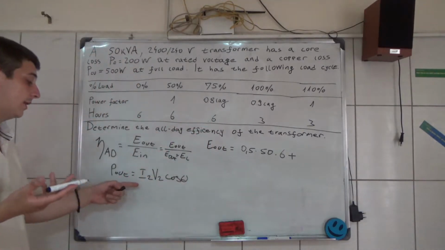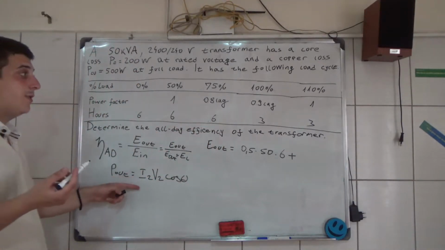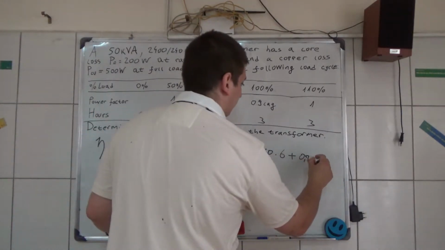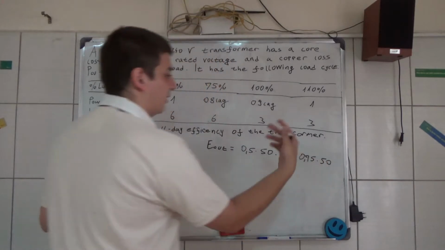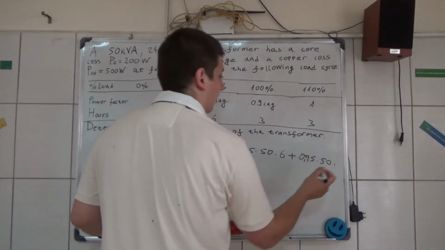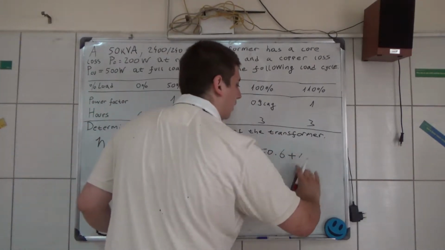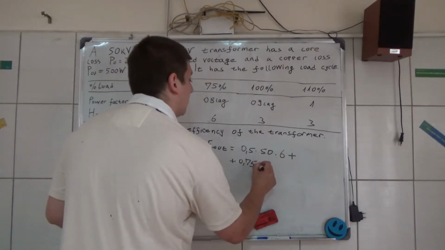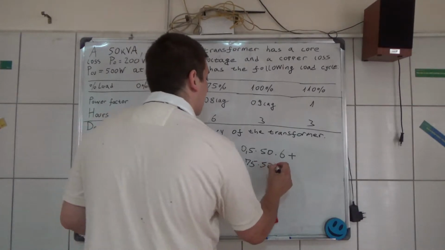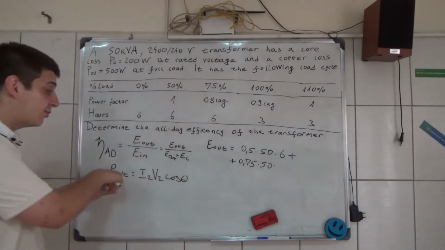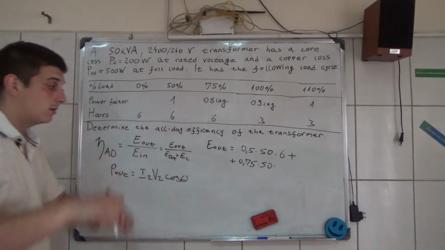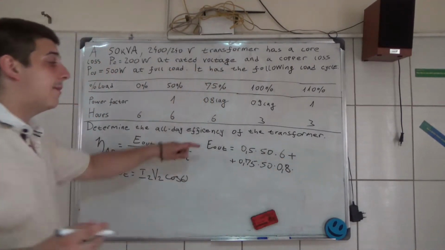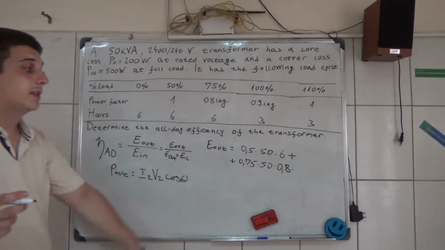But in this one, you have to multiply 0.75 times 50, that is the rated voltage, times, I'm going to write this in another row, 0.75 times 15 times the power factor. So the output power depends on the power factor. So that is 0.8 times the number of hours that we used, and that is 6.